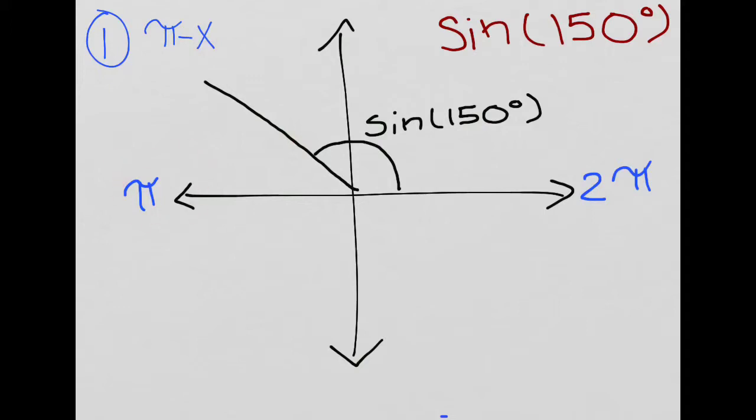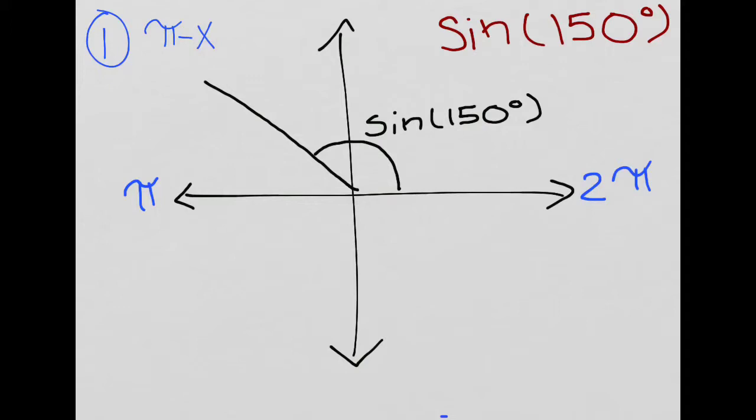We know this because it's in the same quadrant as the quadrant touching pi, 180 degrees. So now we use 180 degrees minus 150 degrees, and that gives you 30 degrees.